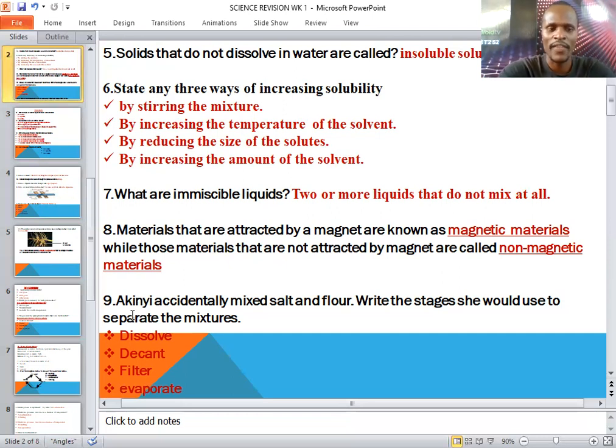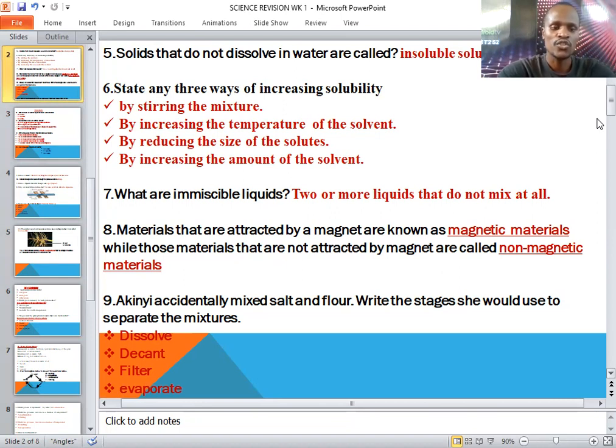Filtration we are doing to ensure that at least all the maize flour is left in the one container. So you are going to have the salt solution as a filtrate, and then in the other container, you are going to remain with our residue, which is now the maize flour. So you can see we have separated maize flour by decanting and by filtering, okay?